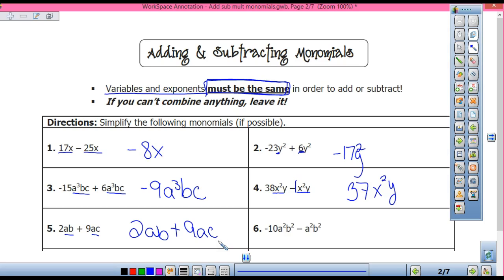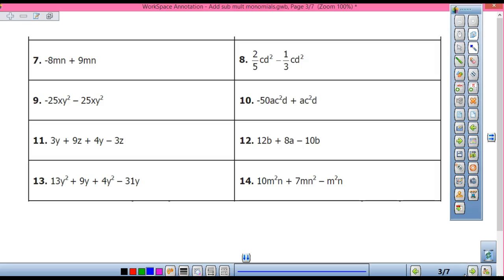Okay? Let's jump to number 11. Can I combine the whole thing? I have y and z, and y and z. Can I combine it all? No. But what can I combine with my 3y? My 4y.